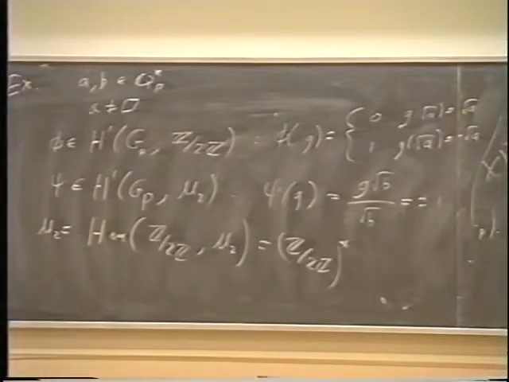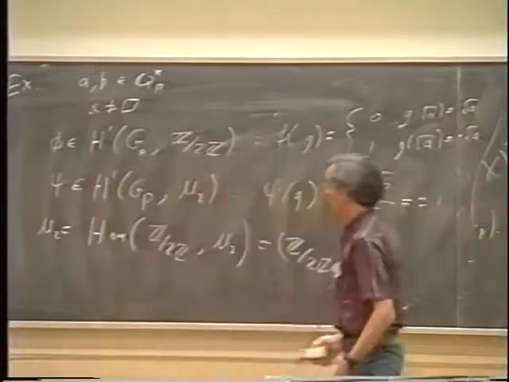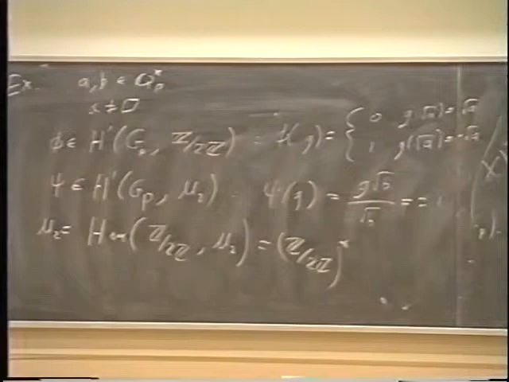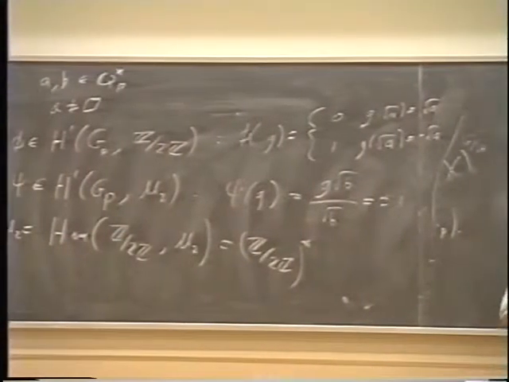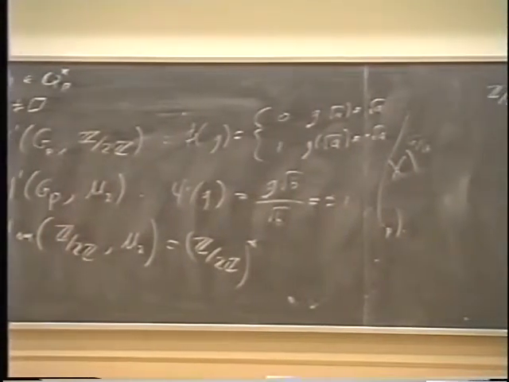It's a dual of Z mod 2Z. Well, it is. You could also change the 2 to an n, and then it becomes a little bit less trivial. Okay, so see what you have then is you have Z mod 2Z tensor mu_2.